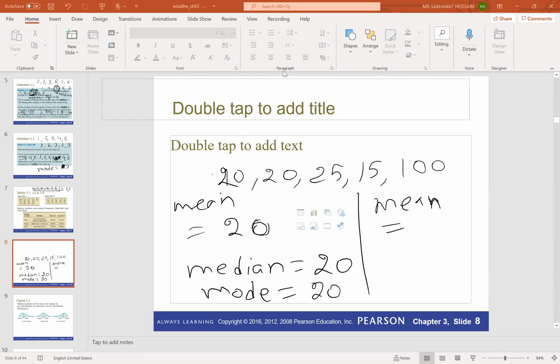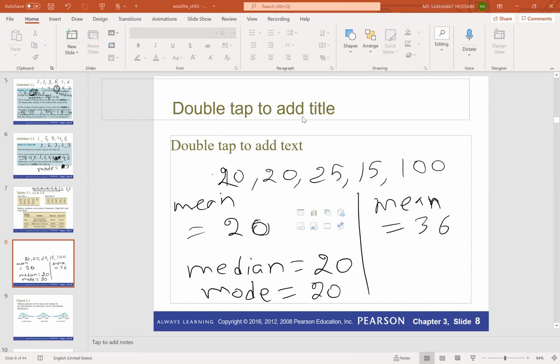Anyone else? What is the average of this current data set? 20, 20, 25, 15, and 100. Okay, so it's 36, right? Yeah, I think it's 36.